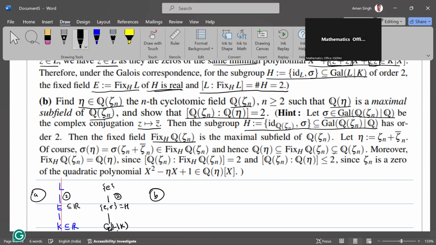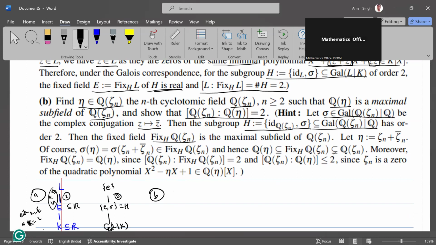We'll get a degree 2 extension, and any middle field K which lies in the middle will be either K equal to E or K equal to L, right? Because the degree of the extension is 2, simply.